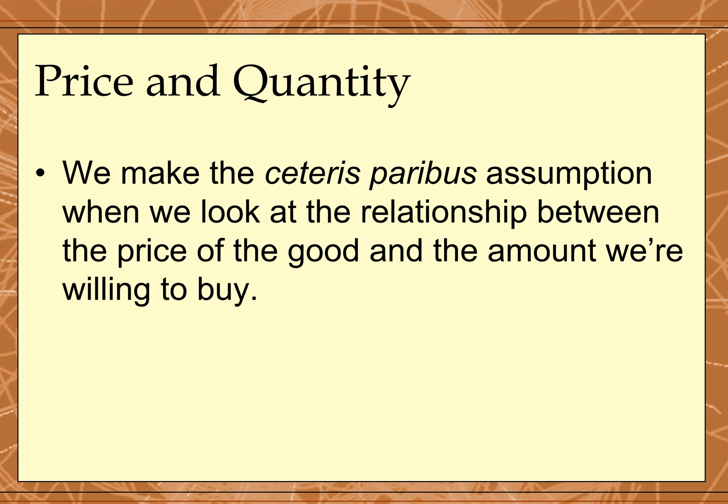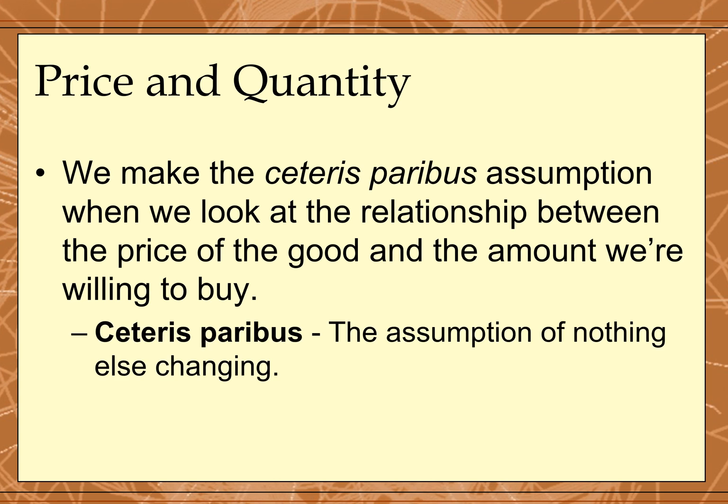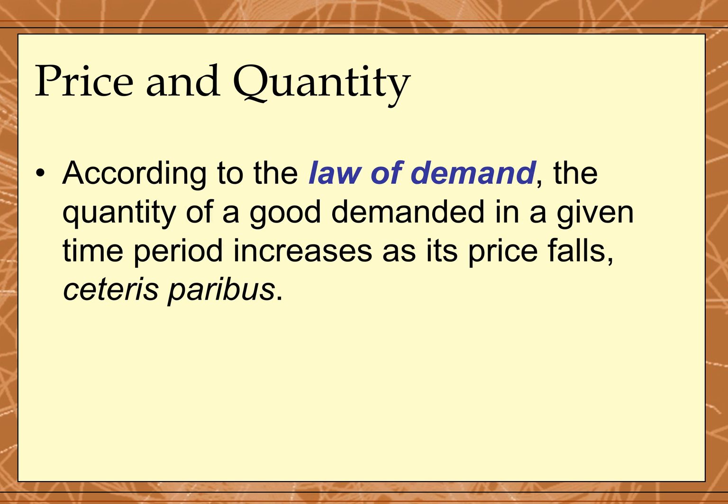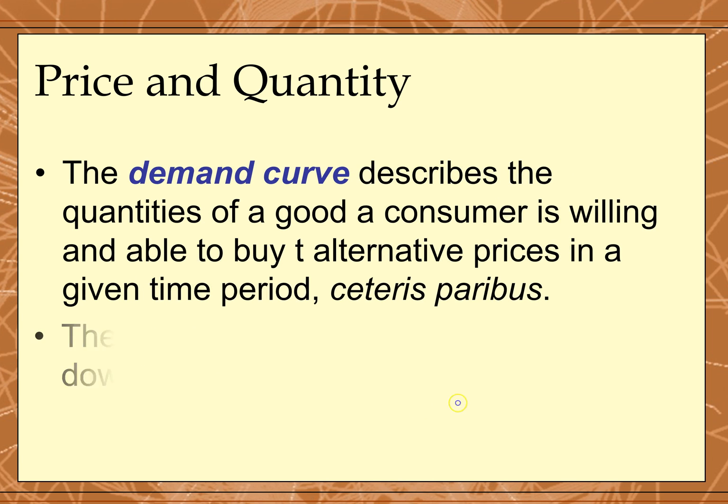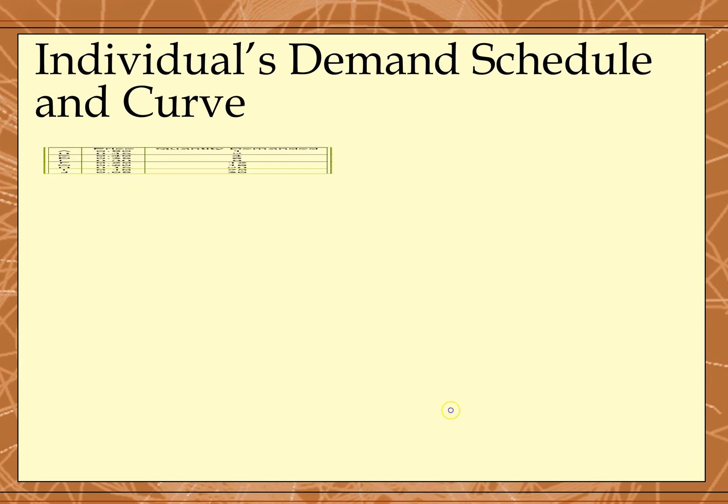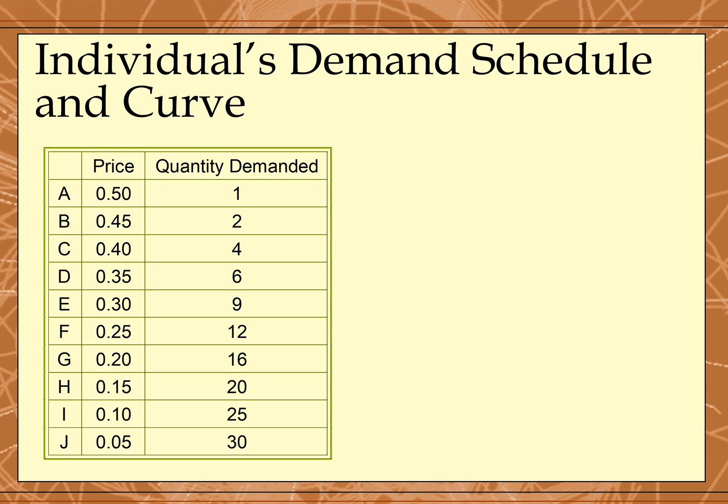So let's take a look at a demand curve. The slope of the demand curve is going to represent this inverse relationship, or the law of demand. Here are the different prices being offered, and here is the demand at those prices.